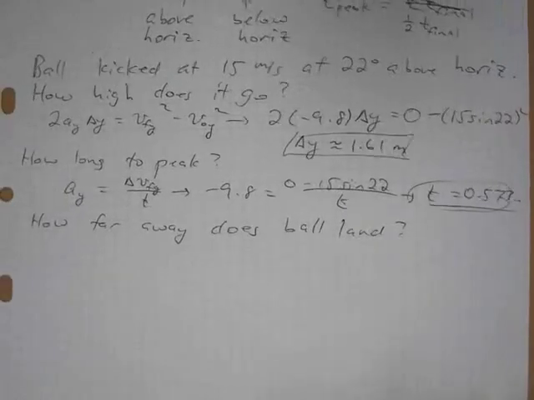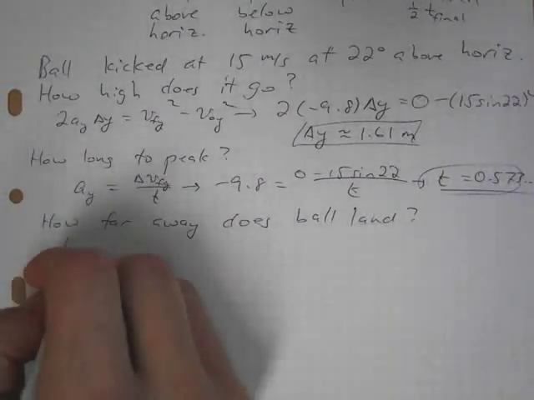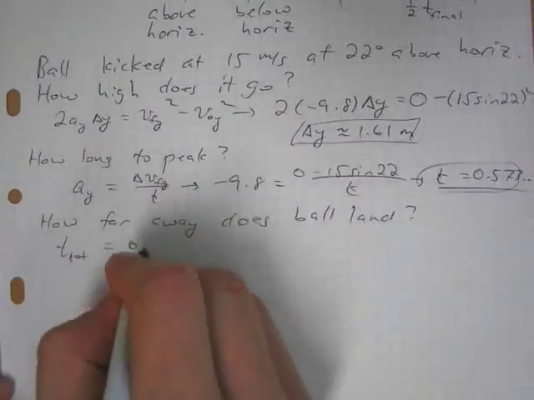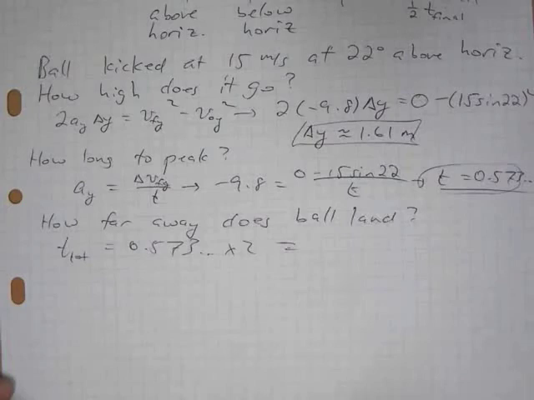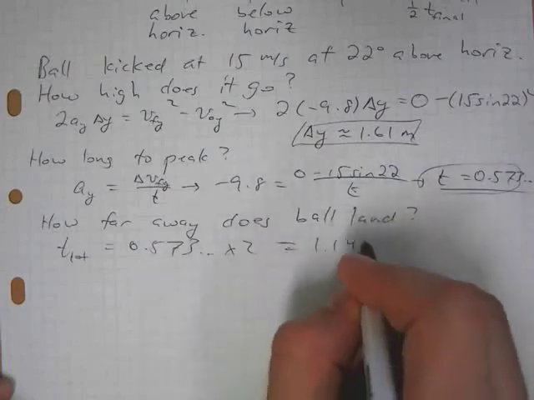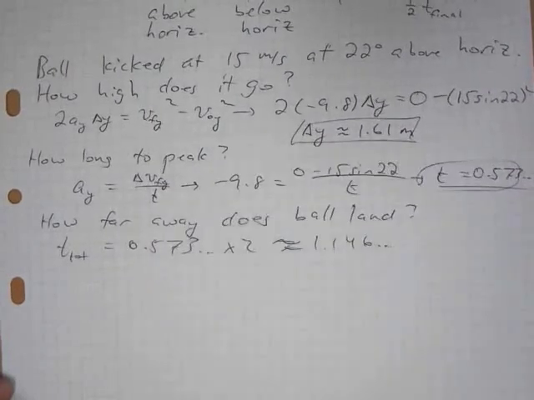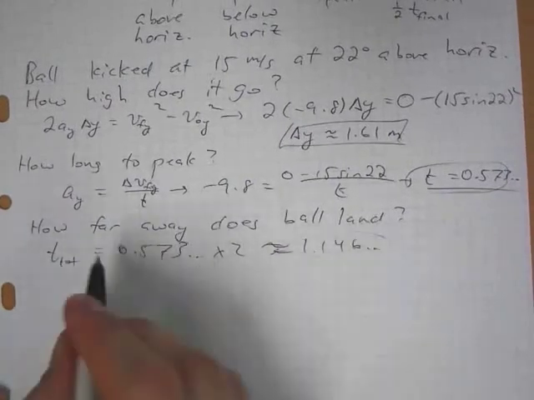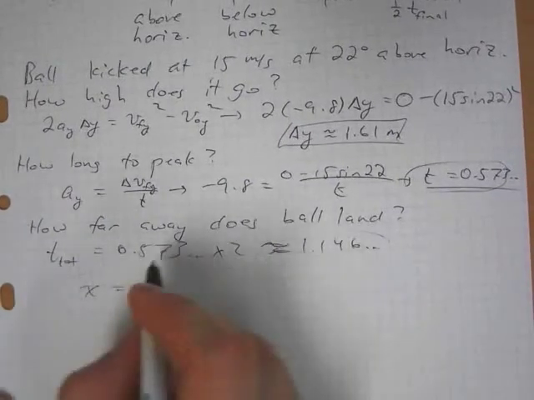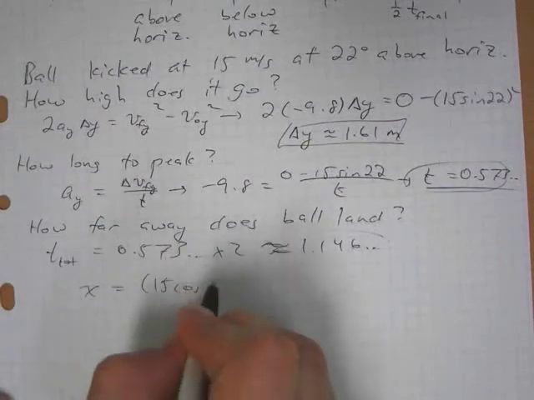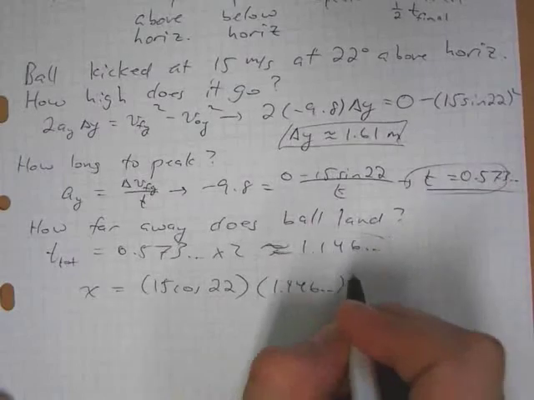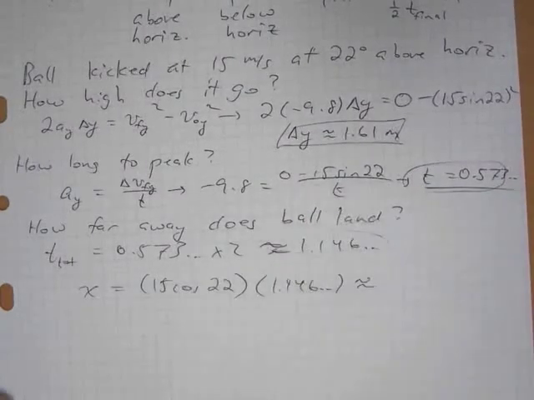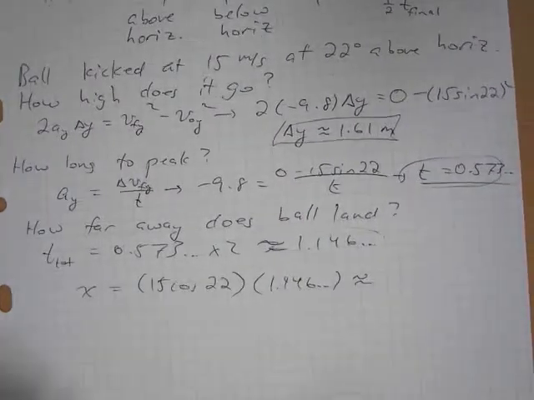So the total time is just that 0.573 times 2, which is about 1.146. Then we plug that time into the x equation, v naught x, 15 cosine 22, times time, and we get that the distance it travels is about 17.2 meters.